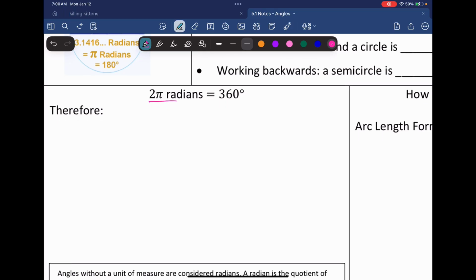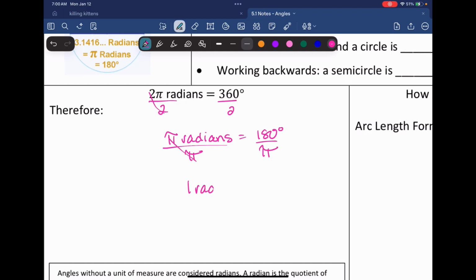So I'm going to divide by 2, then I'm going to divide by pi. I'm going to do that in the calculator. 1 radian equals approximately, my approximately symbol, it's the little squiggles, 57.296 degrees.